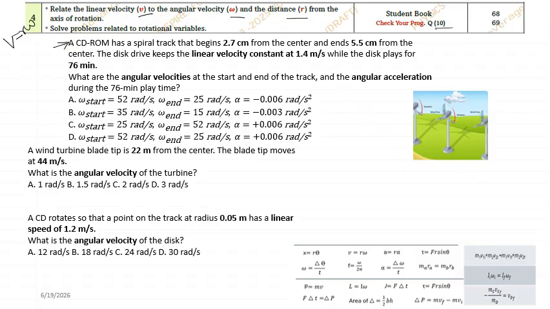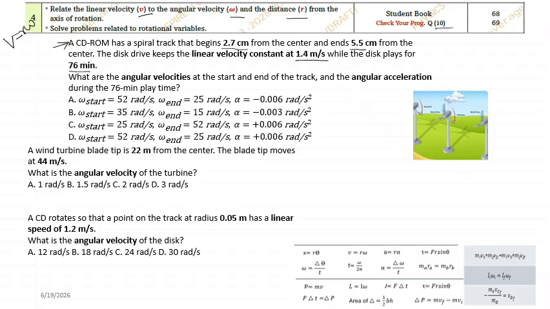Now, a CD-ROM has a spiral track beginning 2.7 centimeter from the center and ending at 5.5 centimeter from the center. The disk drive keeps a linear velocity of 1.5 meter per second, while the disk plays for 76 minutes.